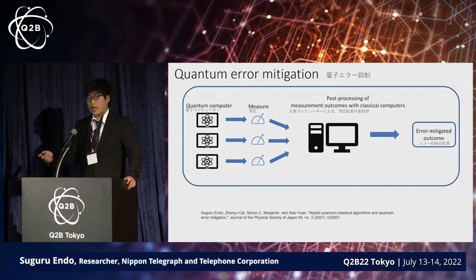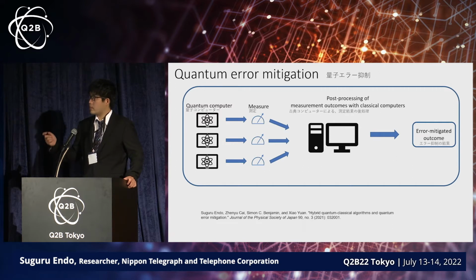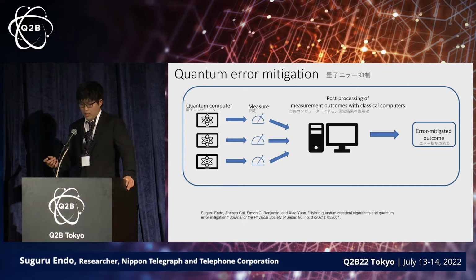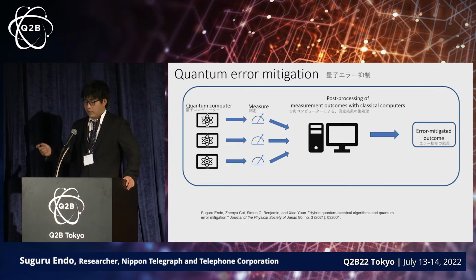We send the measured results to classical computers, and the classical computer post-processes the results sent from the quantum computers and constructs the error-mitigated outcome. Many quantum error mitigation protocols follow this procedure. And if you are interested in quantum error mitigation, a detailed explanation can be found in my review paper in JPSJ.